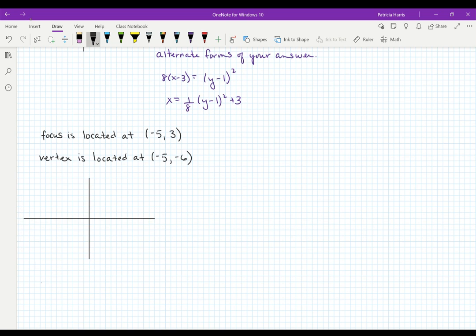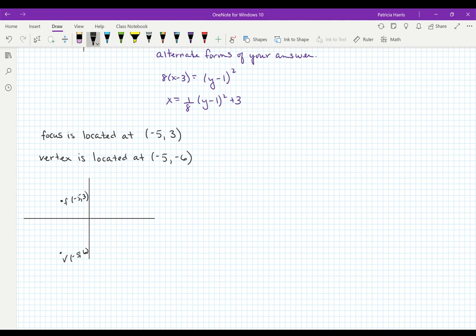My focus is at negative 5, 3. I'm going to put a little f by there. And my vertex is located at negative 5, negative 6.